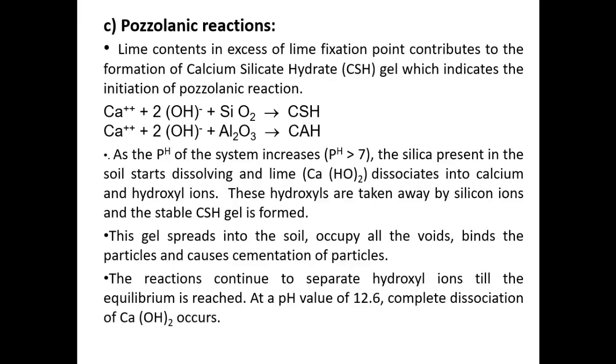This gel spreads into the soil, occupies all the voids, binds the particles and causes cementation of particles. The reactions continue to separate hydroxyl ions till the equilibrium is reached. At the pH value of 12.6, complete dissociation of calcium hydroxide occurs.